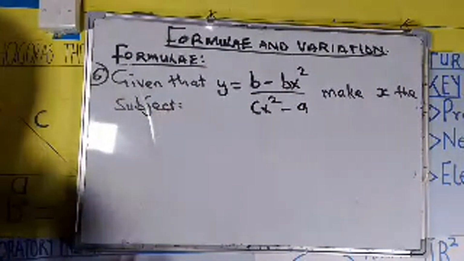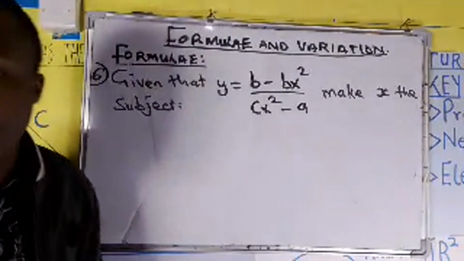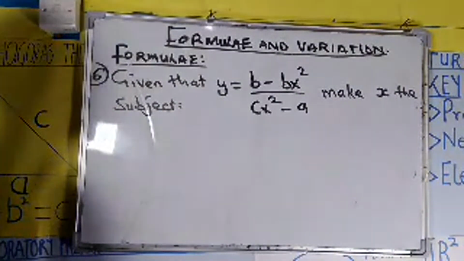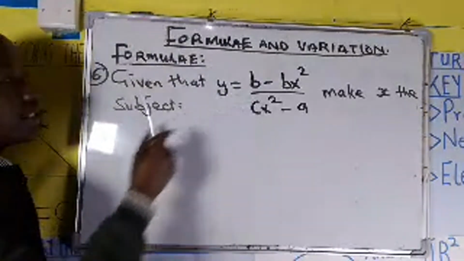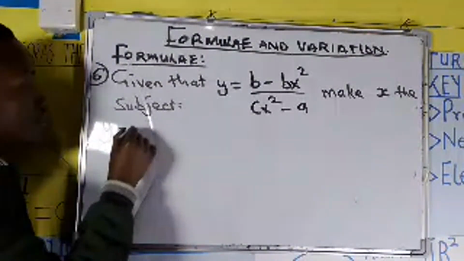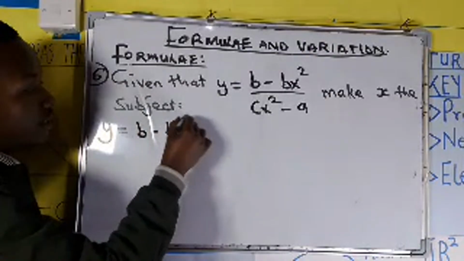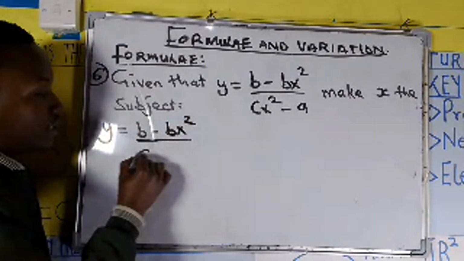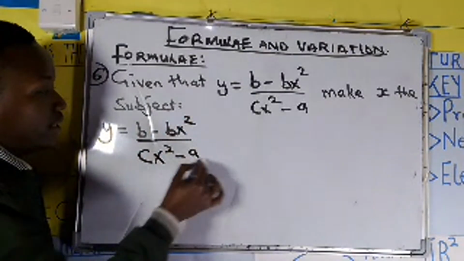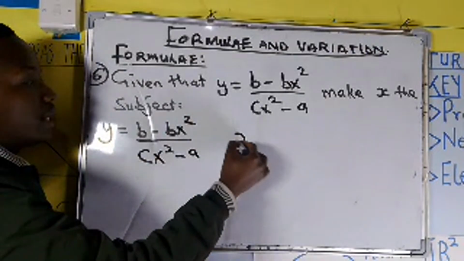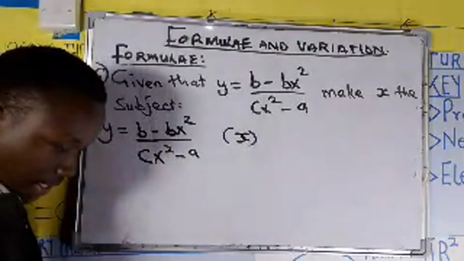So given such, y is equal to b minus bh squared over ch squared minus a, and we have been told to make h the subject in this case.